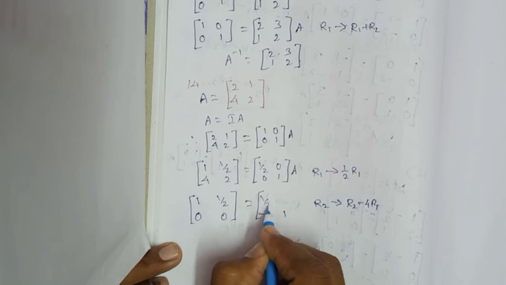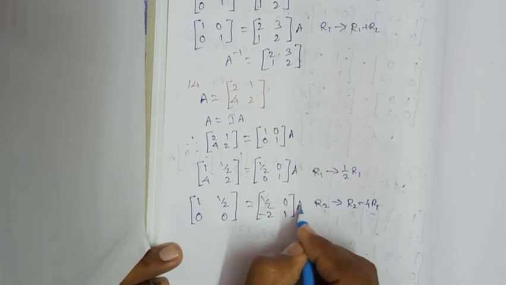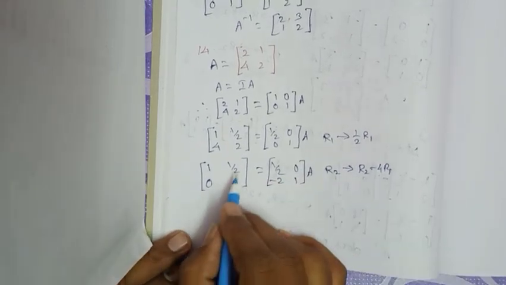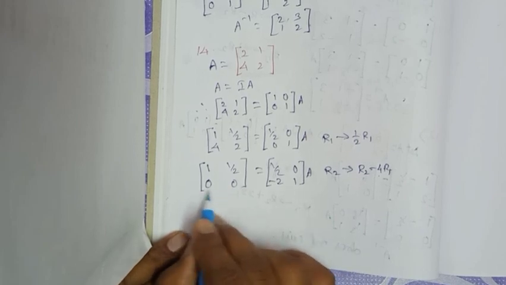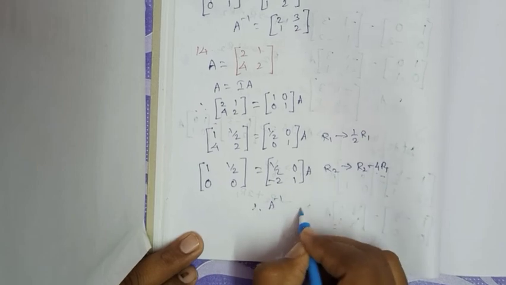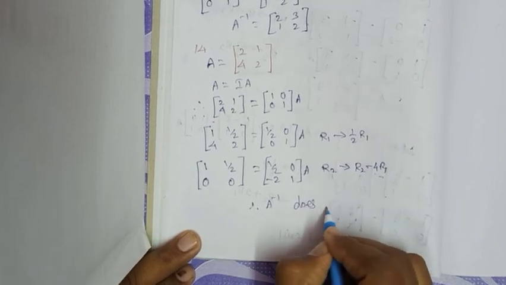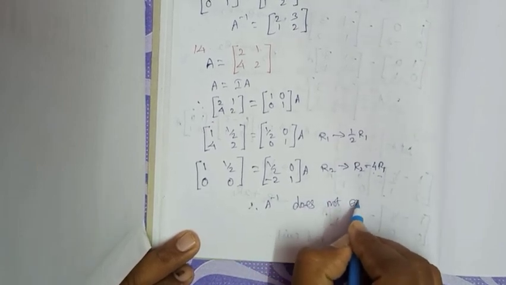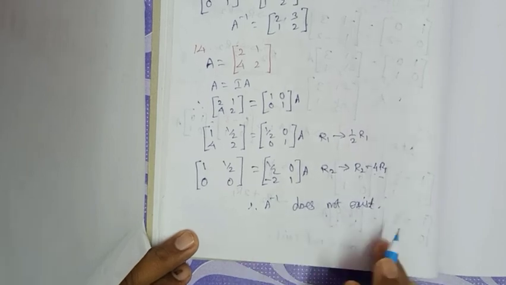The first row 1 by 2, 0 into A. Since in the left hand side of the matrix the second row is fully 0, there is no non-zero entry. Therefore, A inverse does not exist in this problem. We conclude this.